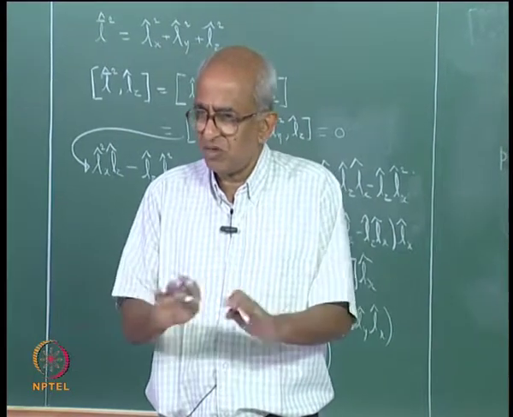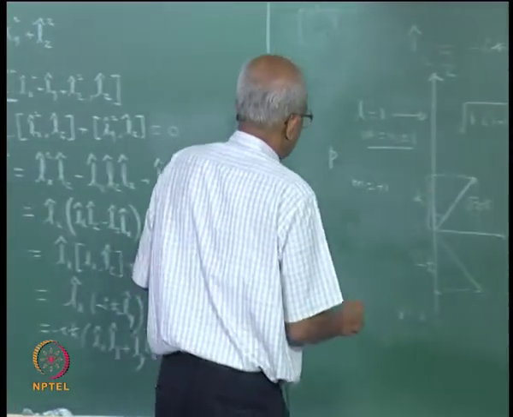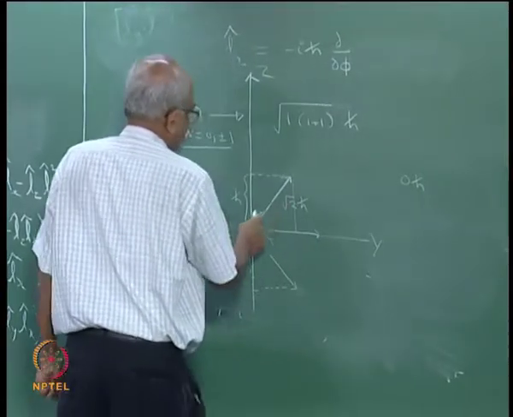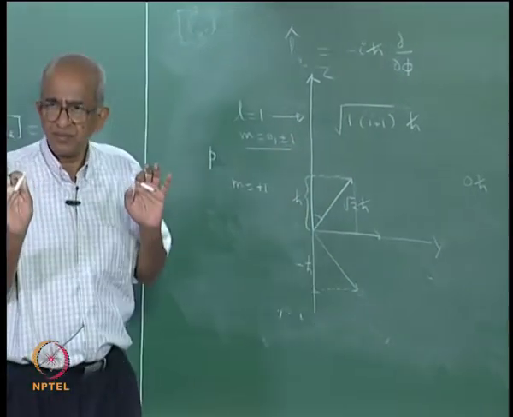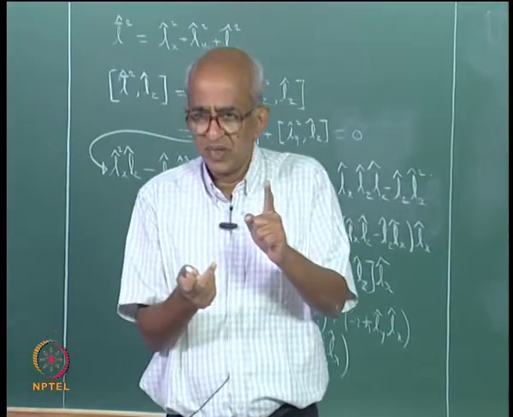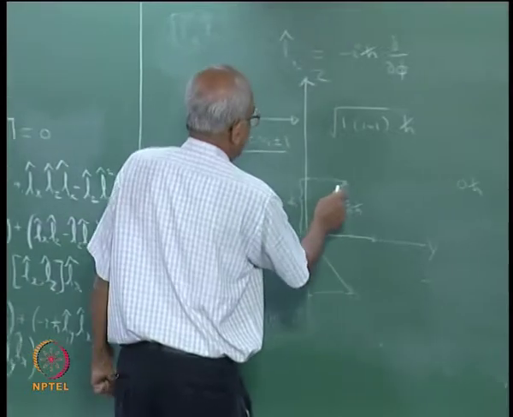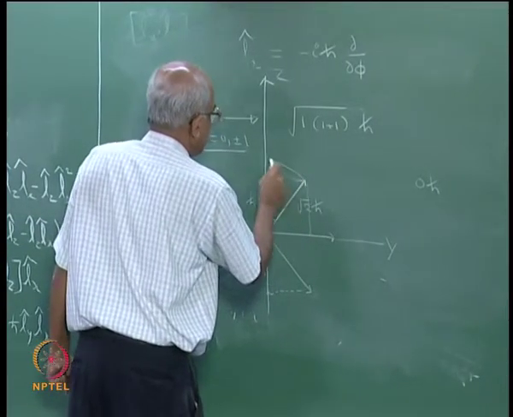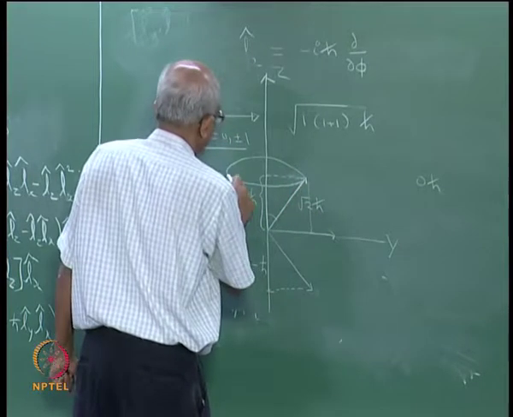If they commuted, there would not be any problem. So I have only two things known: one, the length of the vector, two, its z component. Therefore, I am forced to say that the angular momentum vector can be oriented in any direction along the surface of such a cone.